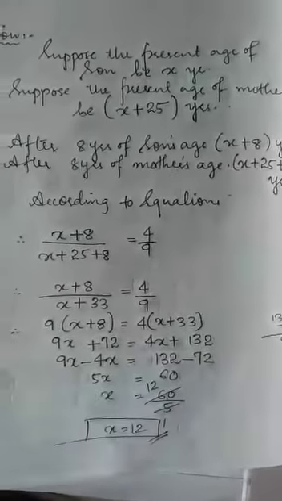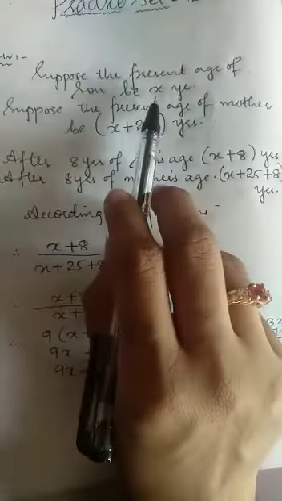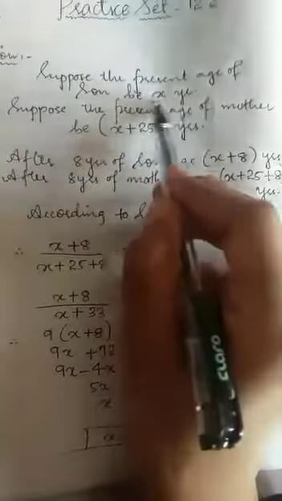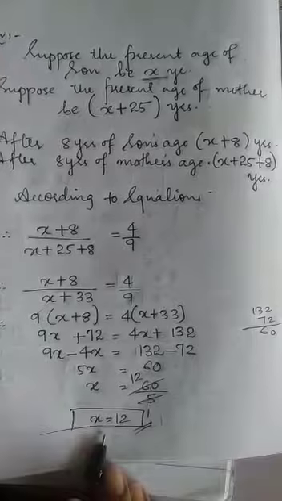Now tell me, what is 12? This is the son's age, right? We took the present age of the son as x, and this is the value of x. The present age of her son is 12 years.